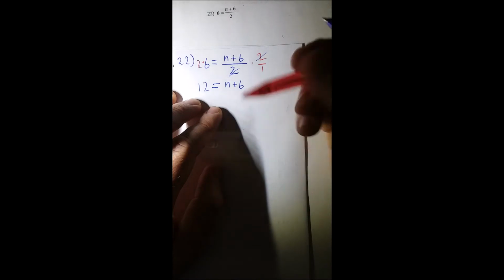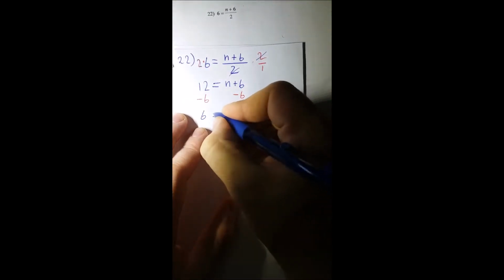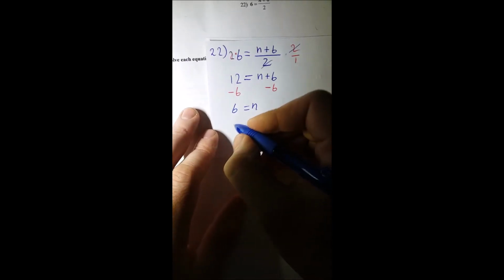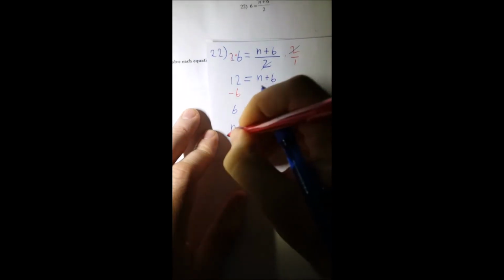And the last step you've got to do is undo the 6 by subtracting 6 from both sides. 12 minus 6 is 6 equals n. But to write it a little bit better, we're going to do n equals 6. Now it looks very nice, and that's your A+ work.